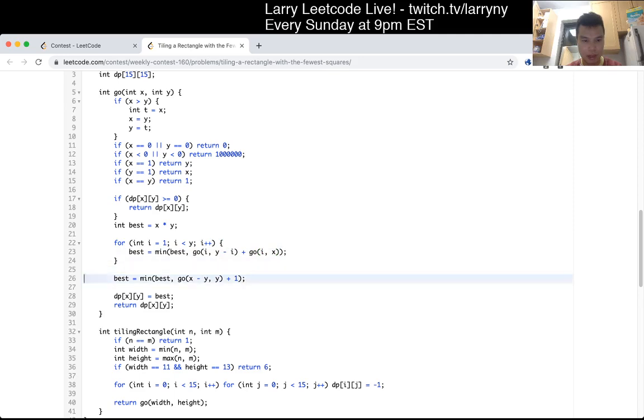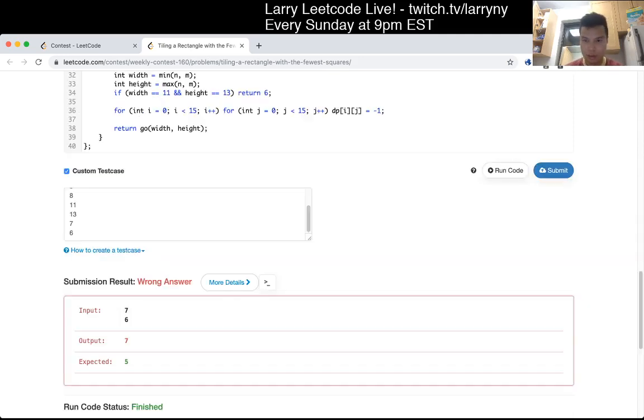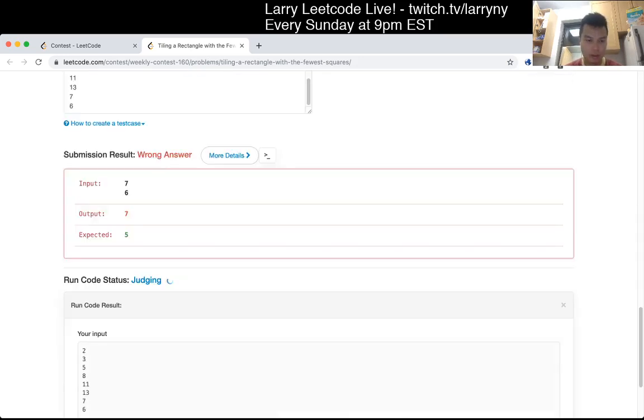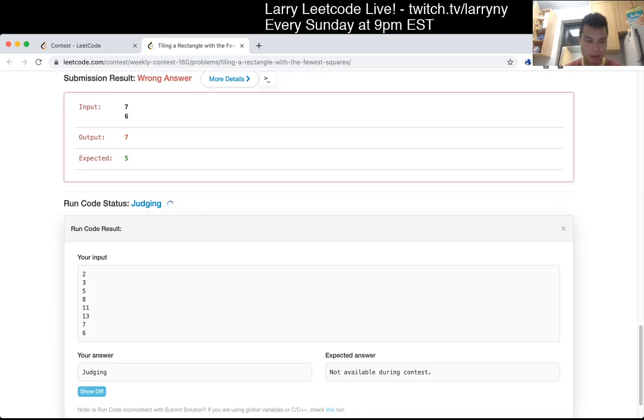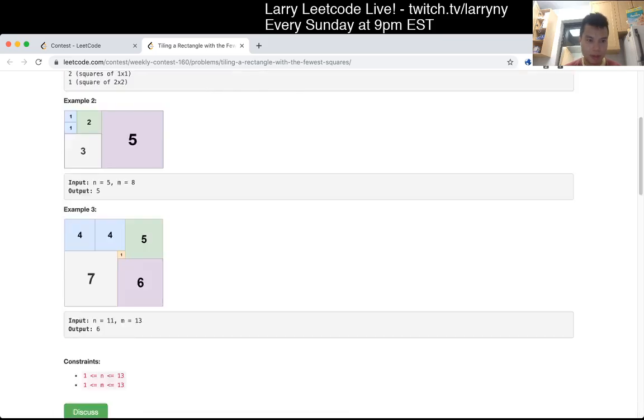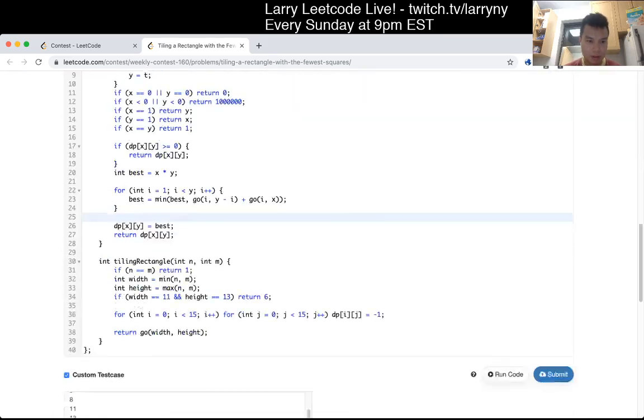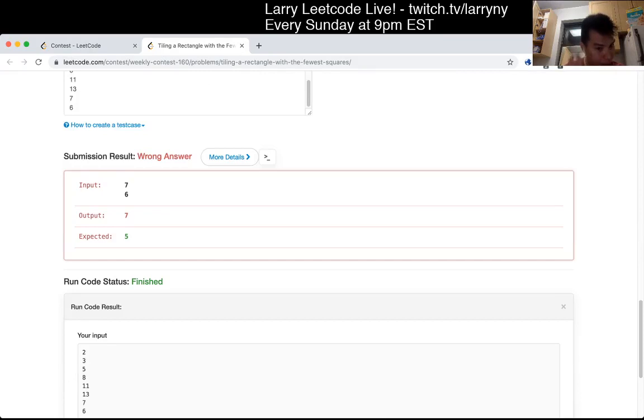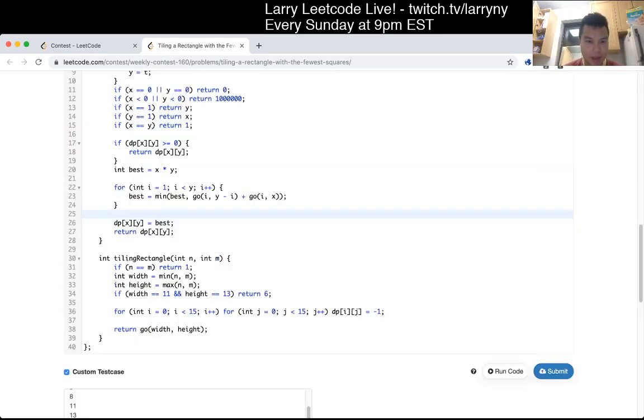Something like that. Better. Still wrong though. I think I'm missing something.